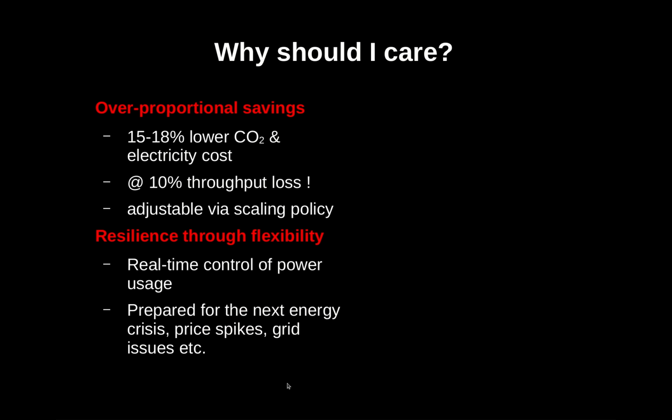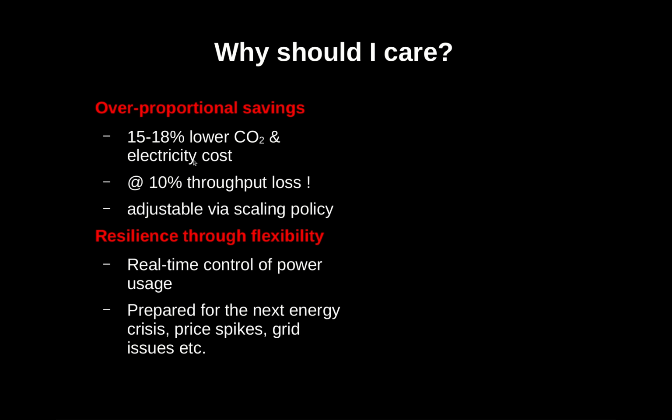So why should you care? What we've observed in experiments is that you can achieve overproportional savings. So we're able to lower the CO2 intensity of our computations as well as the electricity cost by 15 to 18%, while at the same time reducing the throughput loss only by 10%.